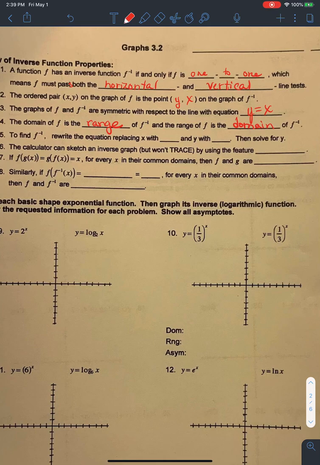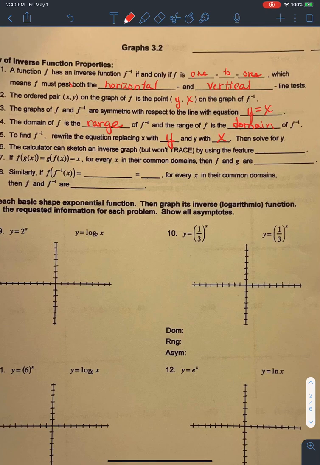For number 5, if you are algebraically trying to calculate an inverse, to find the inverse function, rewrite your equation replacing your x with y and your y with x. And then you're going to isolate the y value by solving for y.